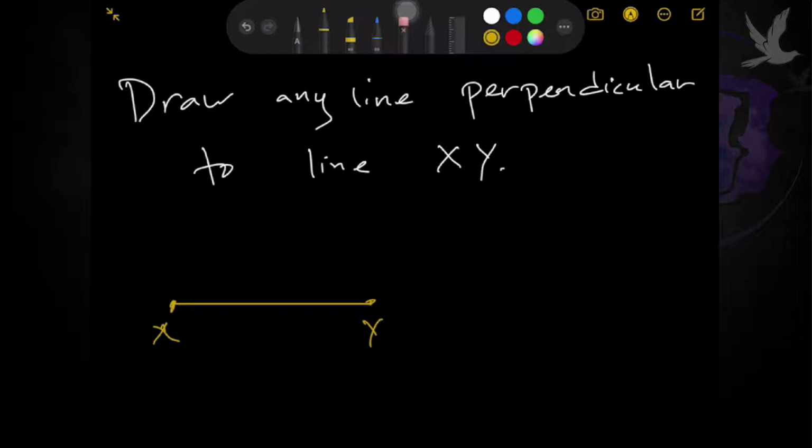So your task is to draw any line perpendicular to line XY.